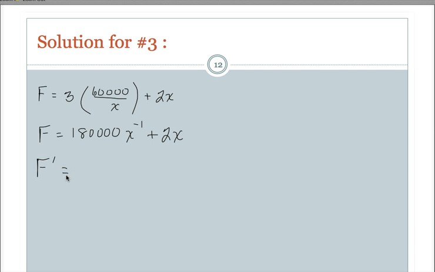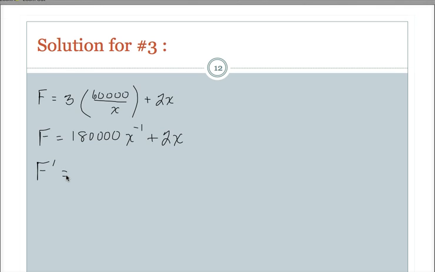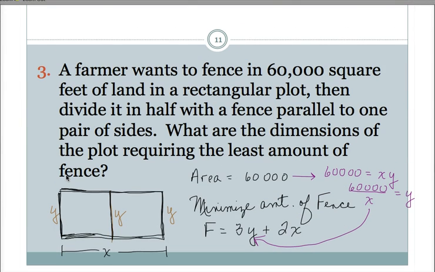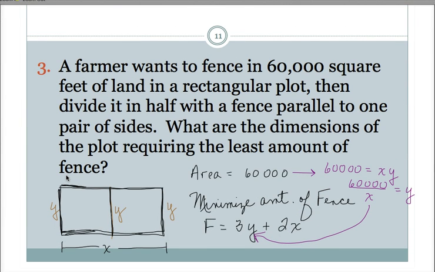Let's talk a second about the domain. Because we know that if we want to use either the first or the second derivative test, we're going to need that first derivative. Okay, so we know what to do there. But let's think about the extreme value theorem, which we still haven't been able to use yet. Well, we know we can't have negative values.